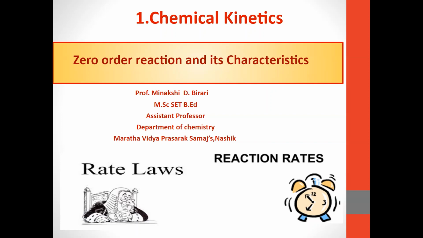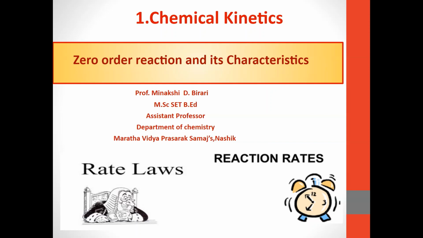Since a few lectures we are discussing chemical kinetics, and this is once again from the same. We know that the order of reaction is given by the total number of molecules or atoms whose concentrations determine the rate of the reaction.